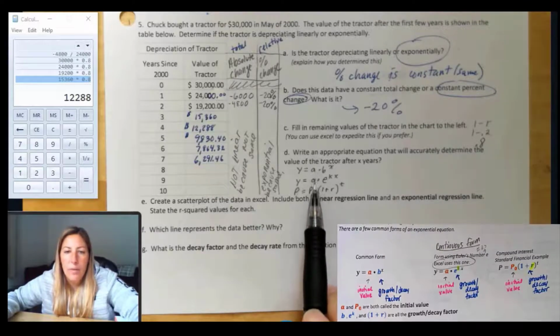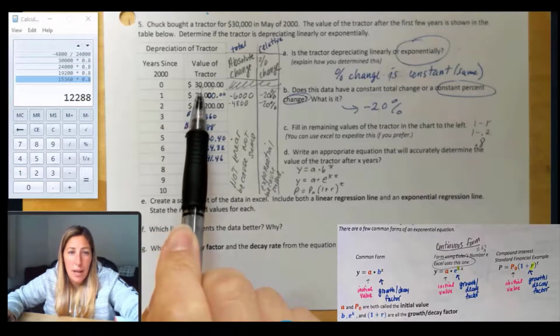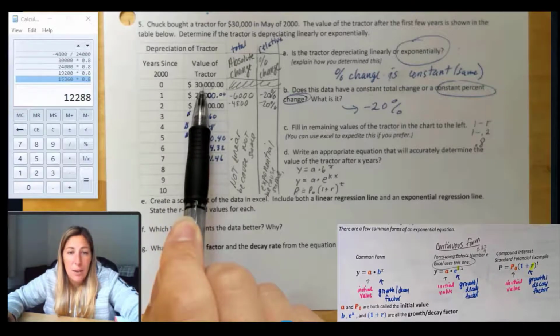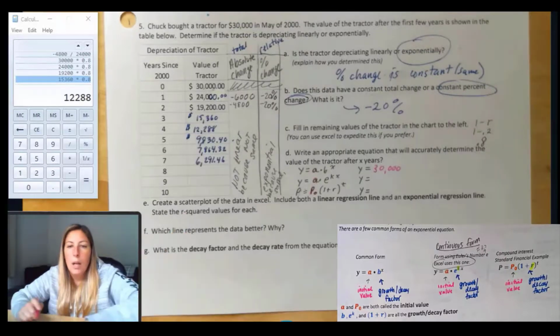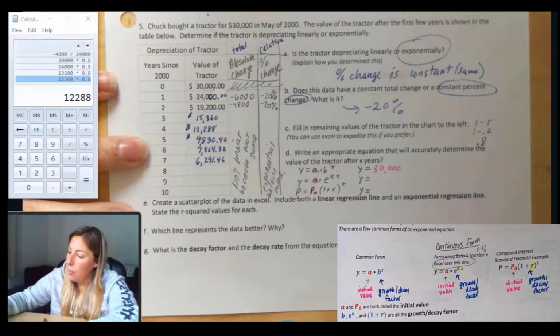Now, all of these right here, my A, and my P sub 0, these are all my initial values. My initial value is my starting value. My starting value is all the way up here. It's what? At year 0, I bought that tractor for $30,000. So my starting value is $30,000. Now we'll just start with the common form, $30,000. Now I'm going to multiply that by what?